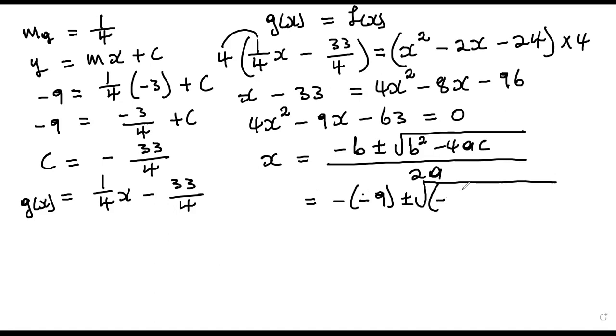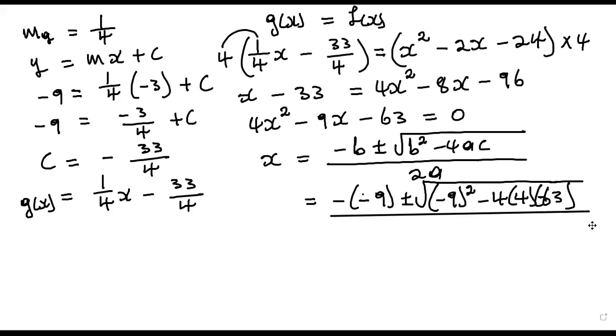So here you have -9 squared, then you say -4, a is going to be 4, and then c is going to be 63, which is negative, of course. And then the whole thing is going to be divided by 2a, so divided by 2 multiplied by 4, like that. So let's see how much we get.